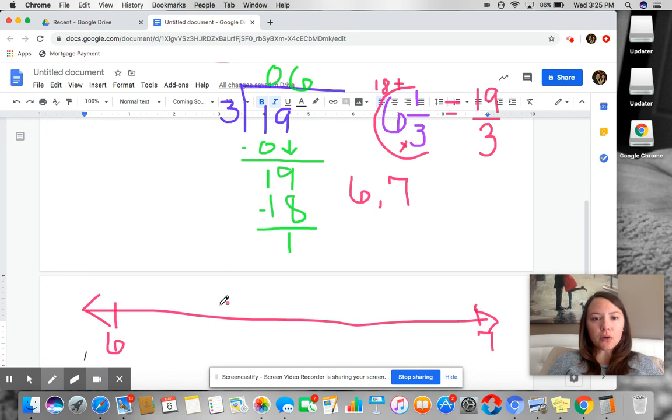And I can kind of partition this into thirds, and this is not perfect, but this would be where 6 1/3 would be. This would be where 6 2/3 would be. And then this would be 6 3/3 or 7, because 6 3/3 would be the same as 7. So as you can see, if I had 6 1/3, that is between 6 and 7.